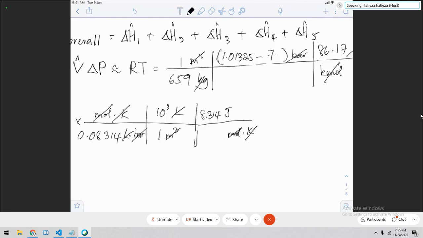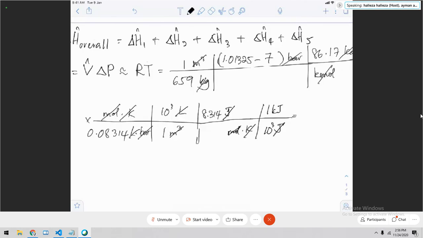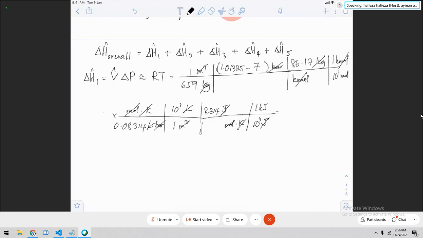We have joules, but we need kilojoules. So 10 power 3 joules is 1 kilojoule. Cancel this 10 power 3 with that. Will it be in kilojoules per mole? Anything else that needs to be cancelled? You are using the gas constant as a conversion factor actually.